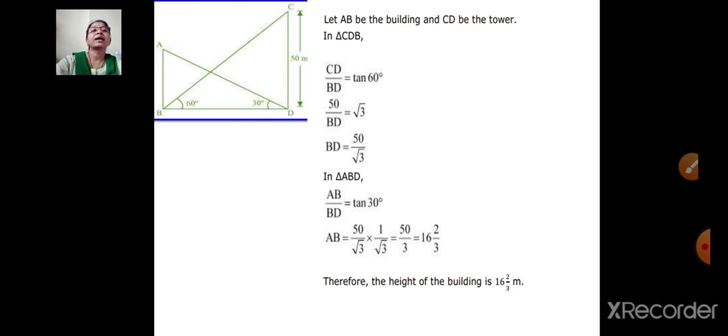So now in triangle CDB, the bigger triangle, you take tan of 60 degree is equal to opposite side CD upon BD. CD length is given, so substitute. CD is 50 upon BD is equal to tan of 60 degree, which is √3. Cross multiply, you will get BD as 50 upon √3.